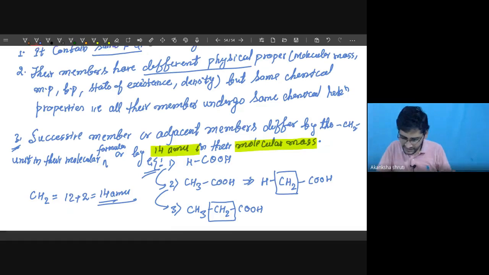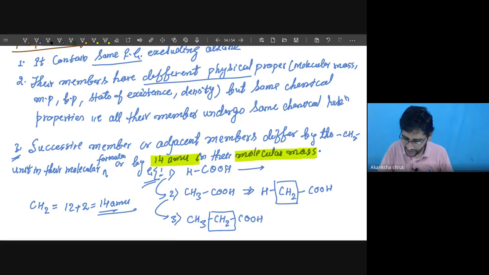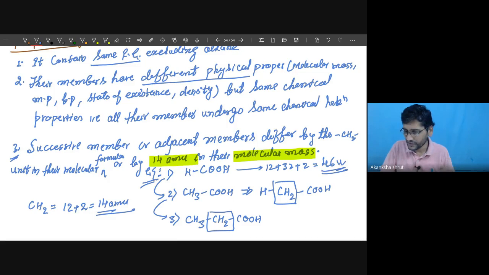Means this is the molecular formula. What is the molecular mass? You can calculate: 2 hydrogen, 1 carbon. Carbon is 12, O2 means 16 into 2, 32, plus 2 hydrogen is 2, you get 46 U. This is the molecular mass.